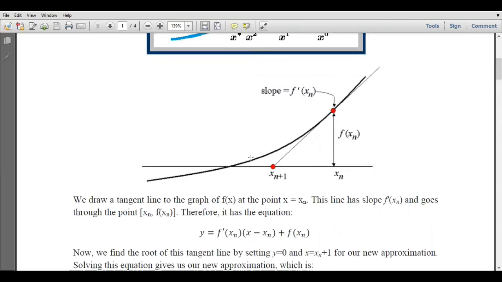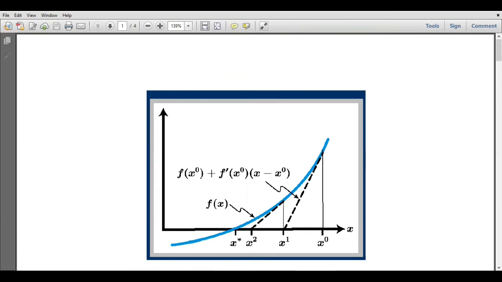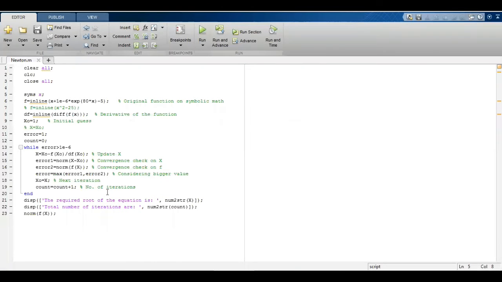Now we can implement this algorithm in MATLAB using this simple and straightforward algorithm. Here I am using symbolic math toolbox of MATLAB. I will define my actual mathematical function using this command. This command is used to evaluate the derivative of this function.